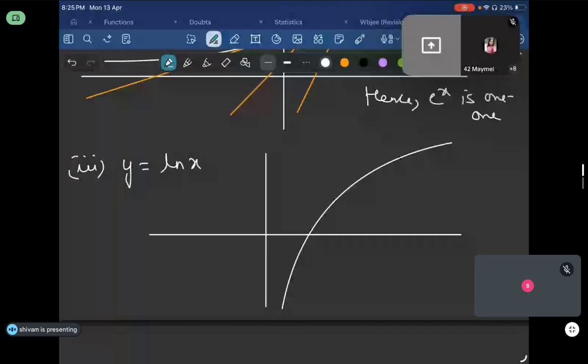What angle is it making, acute or obtuse? Acute. So that is also one-one.